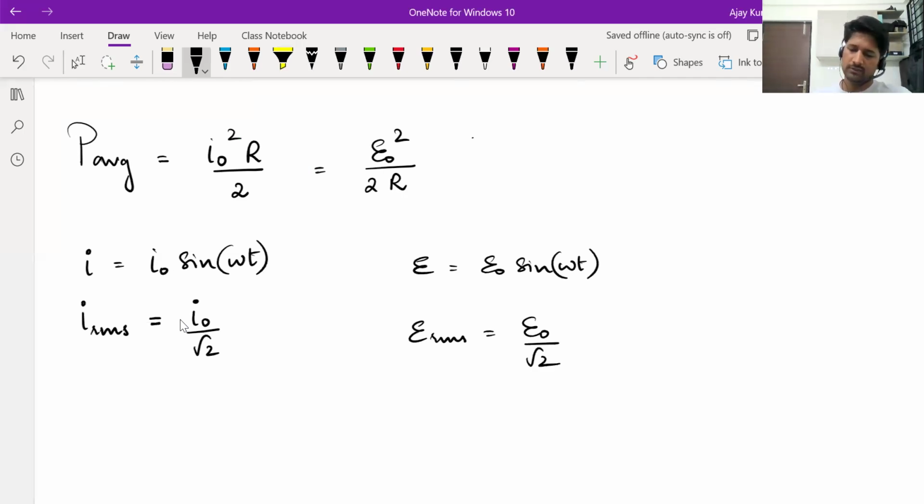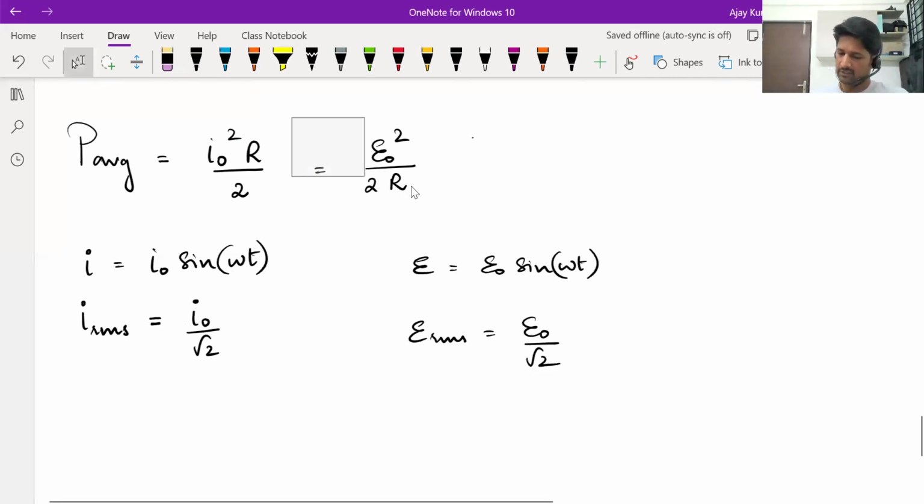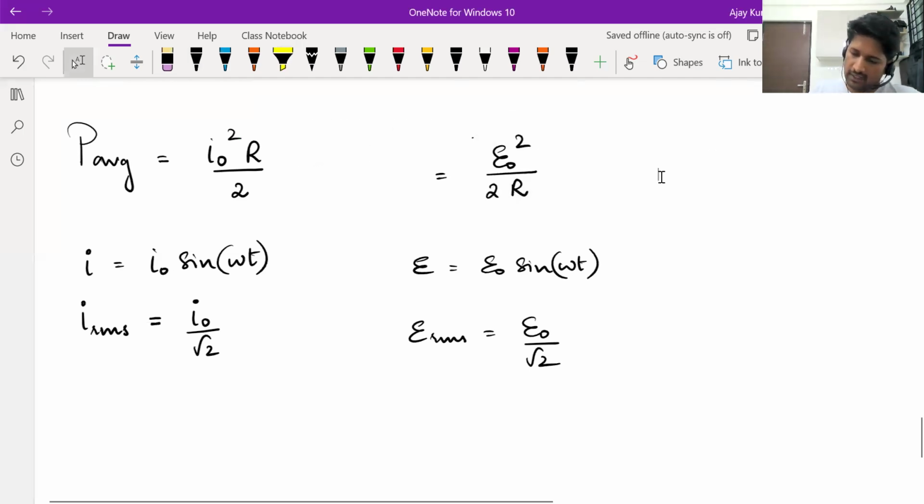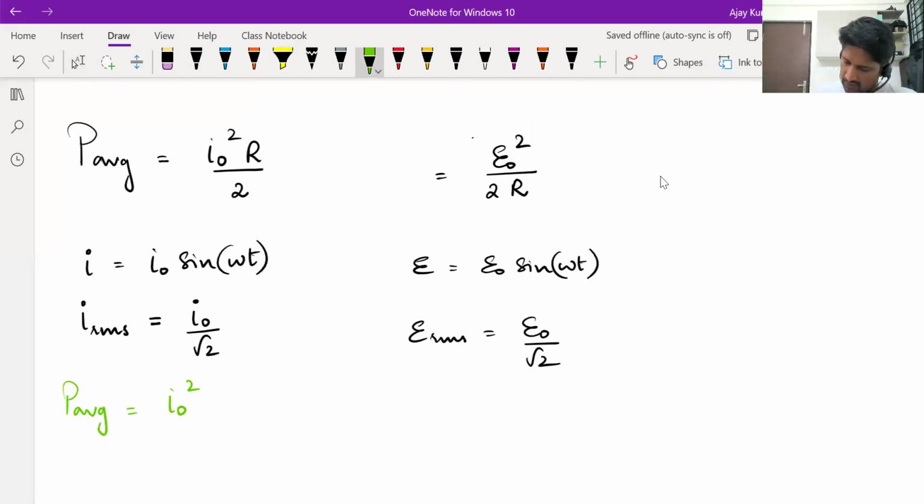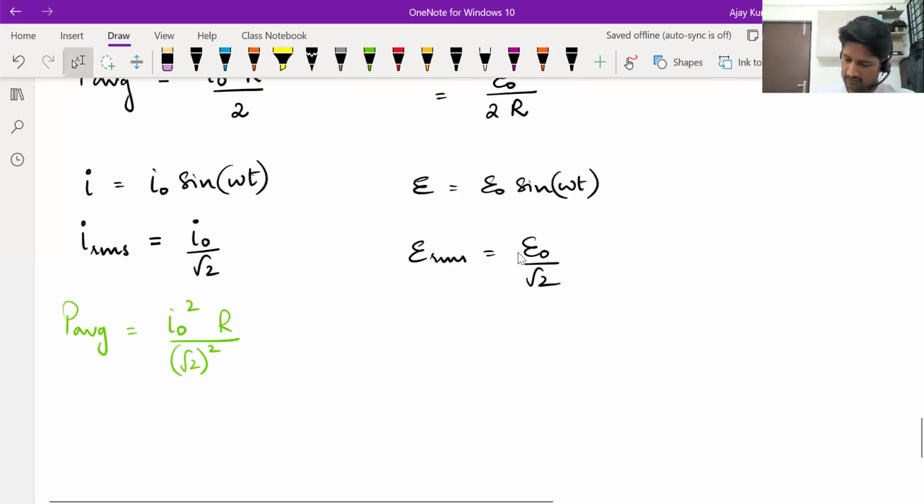Now observe the power equation, the average power that we got. If you take average power as I naught square R divided by 2, the 2 can be written as root 2 whole square. I naught by root 2 is the RMS current.